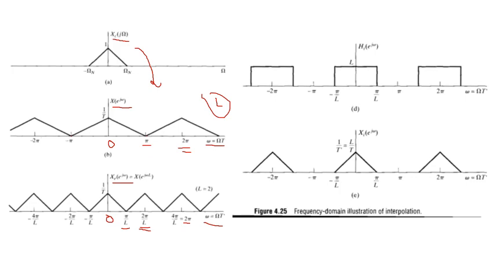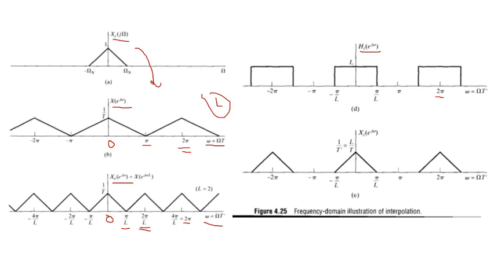Okay, now this is an interpolation filter. As we have used the decimation filter, we are using an interpolation filter here. So once we did the expansion, we are using the interpolation filter here. The gain of the filter is L and the cutoff limits are minus pi by L to pi by L, and then these filters are repeating themselves. So we pass this expanded signal through this filter.